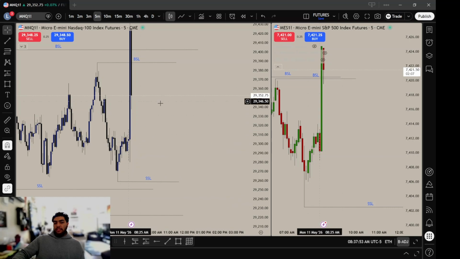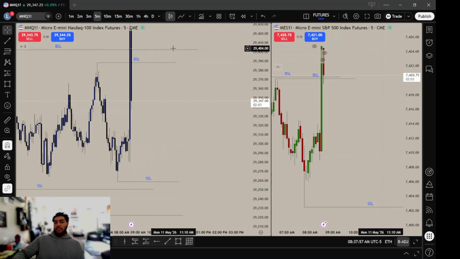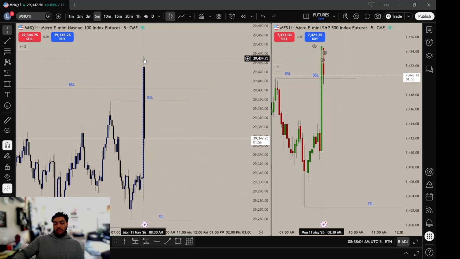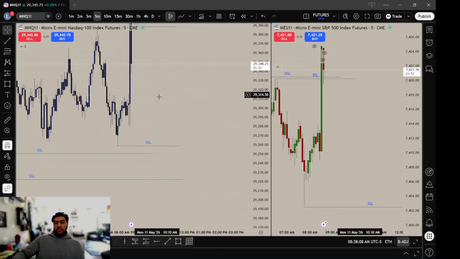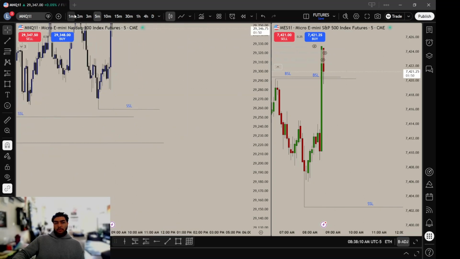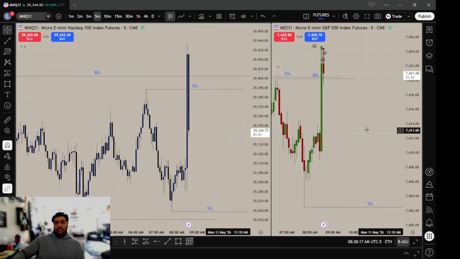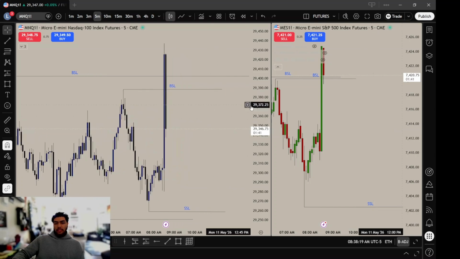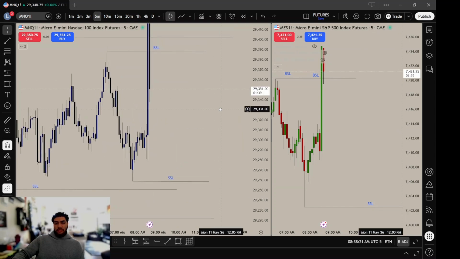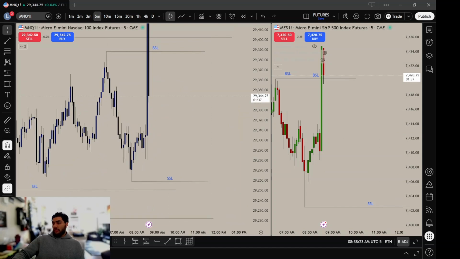If we create a bullish fair value gap right here, and then it goes back up and respects it, or goes up and then comes back down and respects it, then we will take a trade off of here because it will be a swing high. But if it disrespects this, I'll drop down to the 1 minute time frame and take this sell side liquidity right here. That is my strategy. So let's just wait until this candle closes.